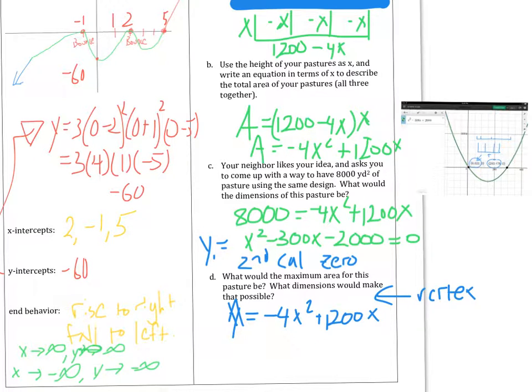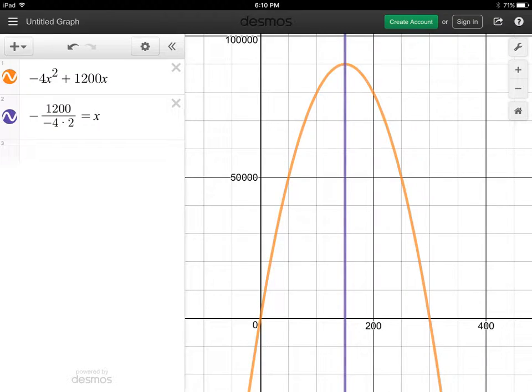The first is in looking at our graph. You might notice that we have a couple of zeros. In fact, one 0 is going to be at 0, another is going to be at 300.